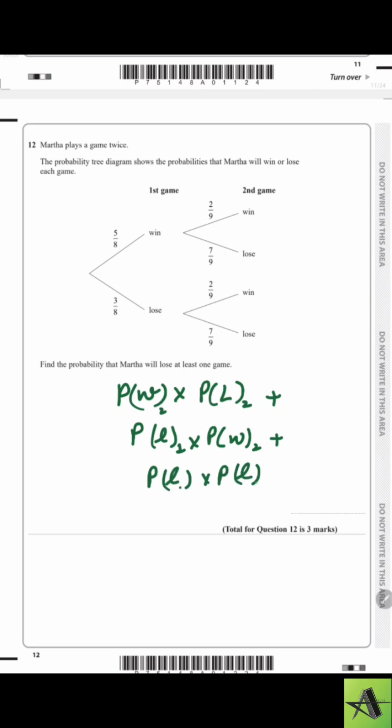So in this case, you can see at least she is losing one game, and both the games, and you need to add it up.